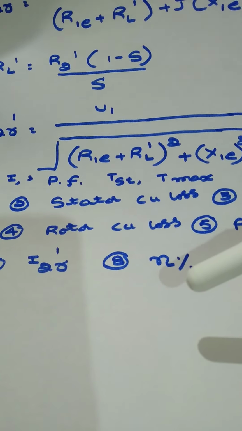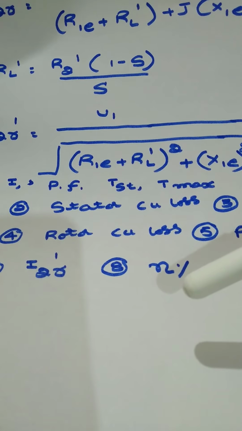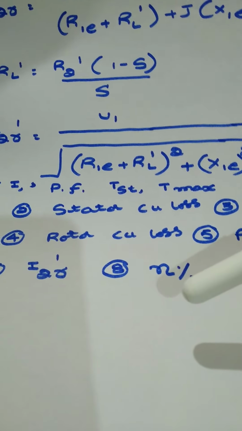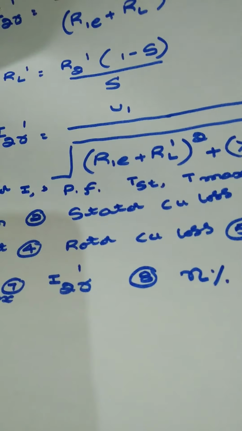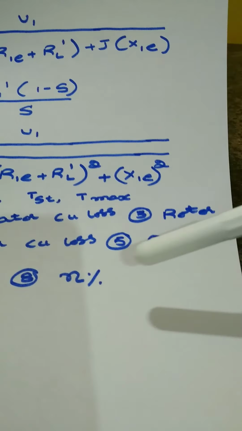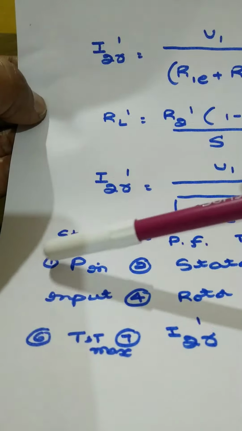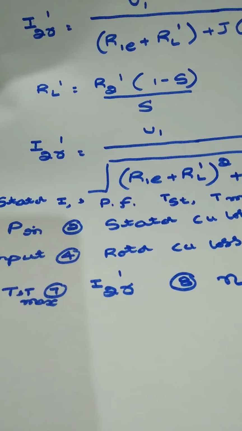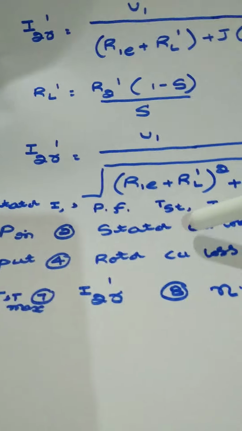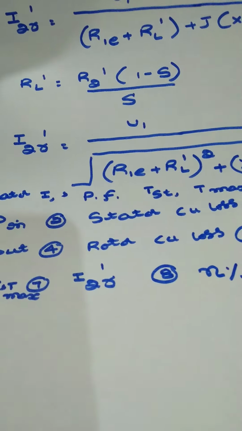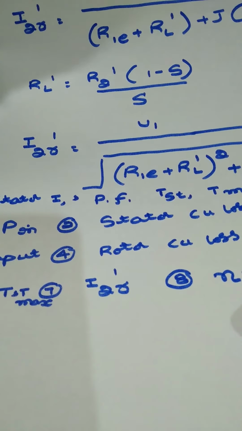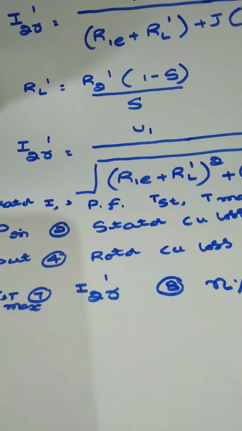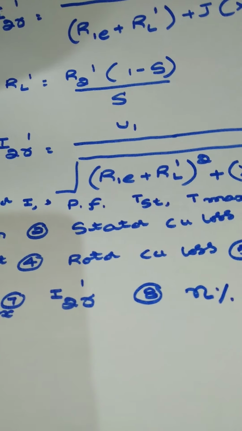So what is the advantage of this? To obtain the approximate equivalent circuit of the three-phase induction motor means you can obtain the various parameters that will be helpful to obtain the efficiency of the induction motor. You can visualize the losses occurring in the stator copper loss and the rotor copper loss, obtain the mechanical power developed in the rotor, the output power, the stator current, the starting torque, the maximum torque, and the efficiency of the machine.